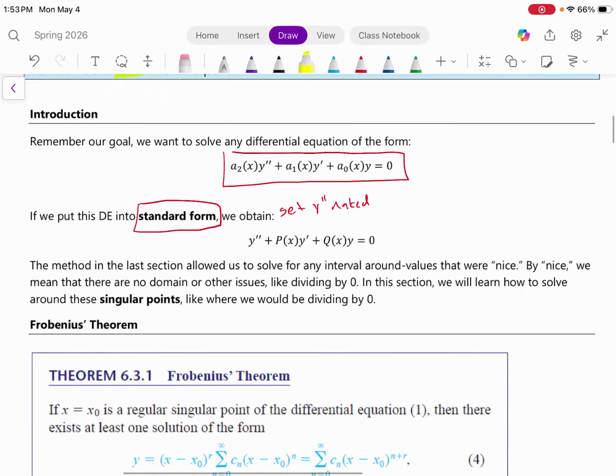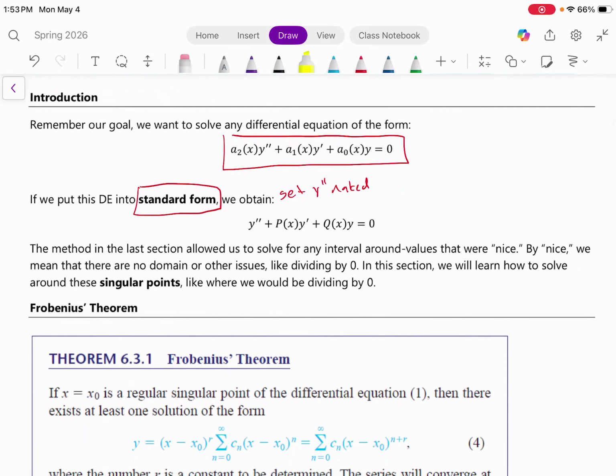Like I was saying before, in section 6.2, the last section we covered, we were able to solve around any values that were nice, meaning there are no domain issues or other types of issues like dividing by 0, or some type of natural log, or any imaginary numbers, things like that. So we were able to find nice values and solve around those types of values.